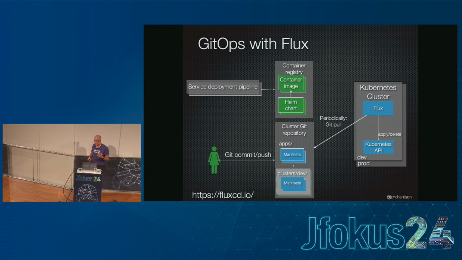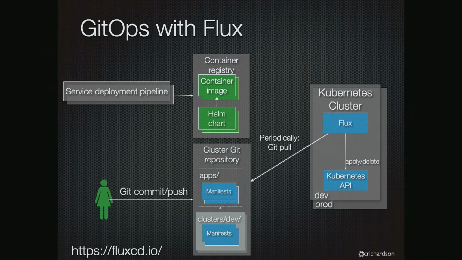Okay, so how does this work? Well, there's a couple of popular tools out there. One of them is Argo CD, and I'm actually going to talk about Flux CD, which is kind of ironic because the company behind it just announced that they have gone out of business. But it's a CNCF project, so it will find a home. So I'm not worried about that. And it's really interesting.